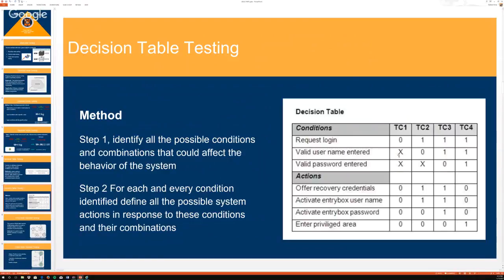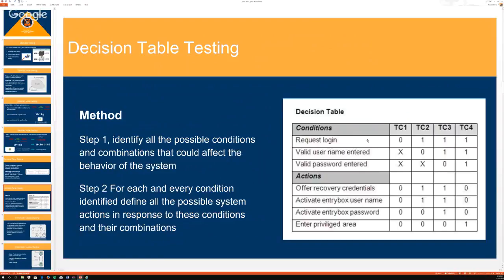Zero means false, one means true, and the x means the value is not relevant. Also, we have TC1, TC2, TC3, TC4, and it's like the rule that must be addressed to have a specific action.